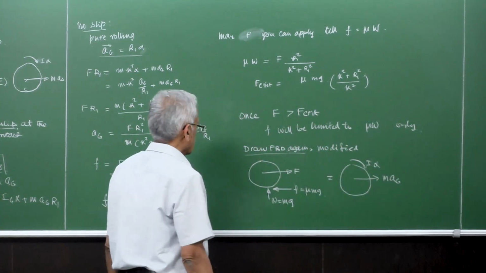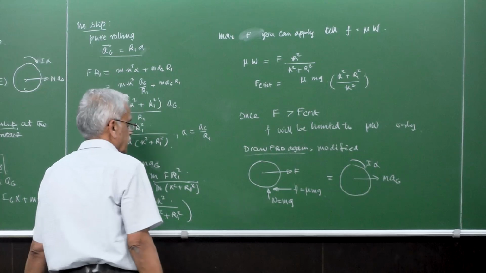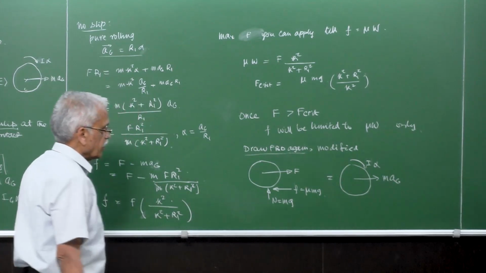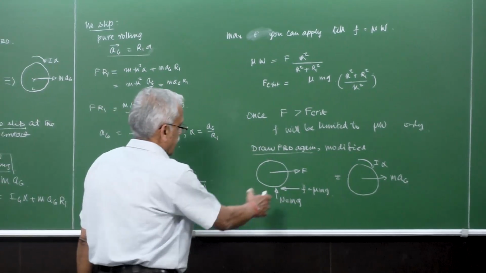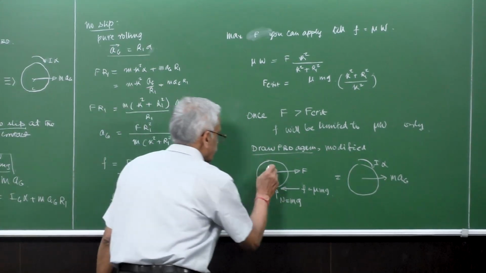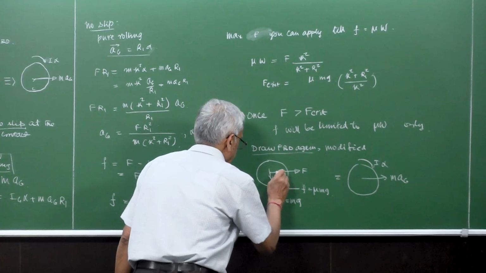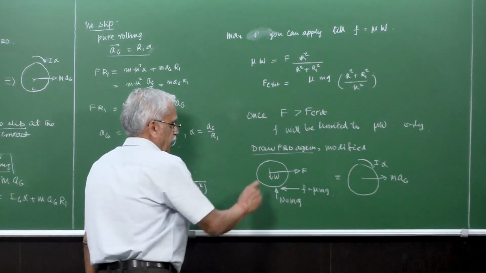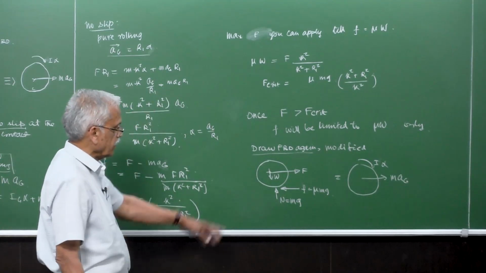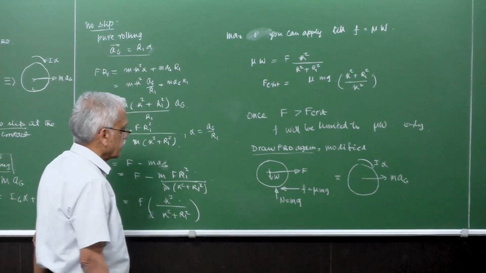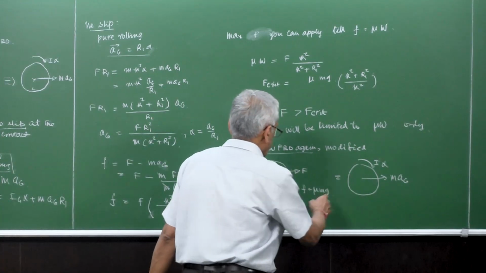Okay, so this is again, the right side will remain the same. So this is much easier to calculate. N is mg, N is equal to W, which we have already put in. And so again, we can put the horizontal equation.